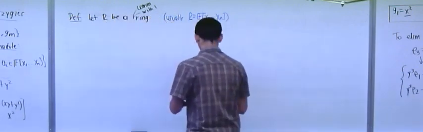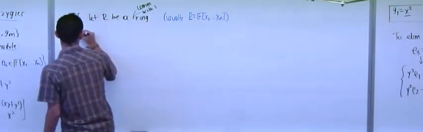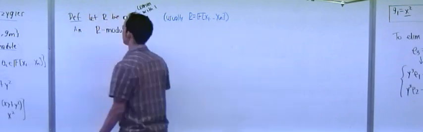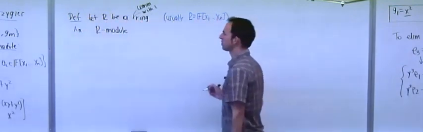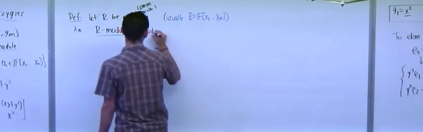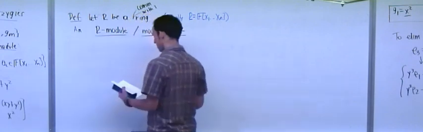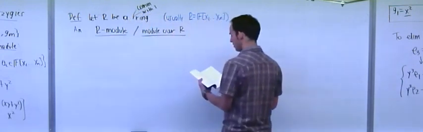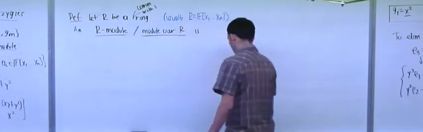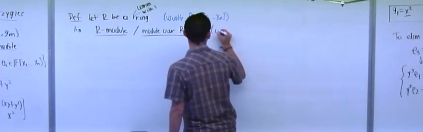So what's a module? We say either R-module or module over R. Is, and again, I want to write something that is psychologically correct, but you need to be very careful about.